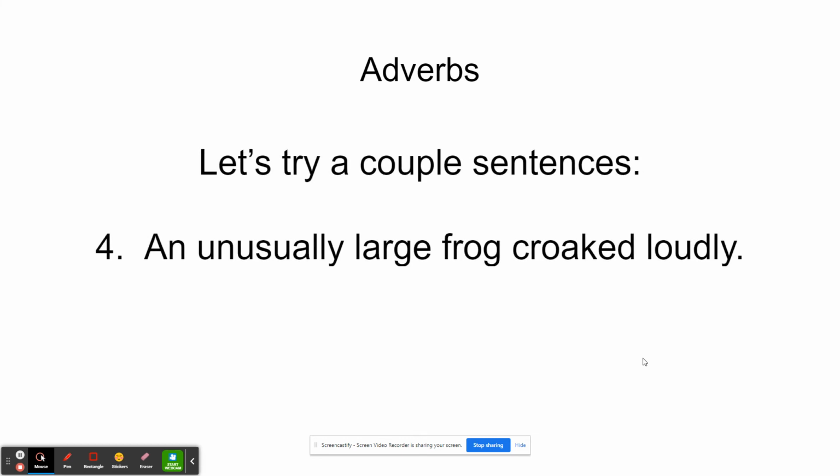An unusually large frog croaked loudly. Pause for a moment. Try this diagram. An unusually large frog croaked loudly.